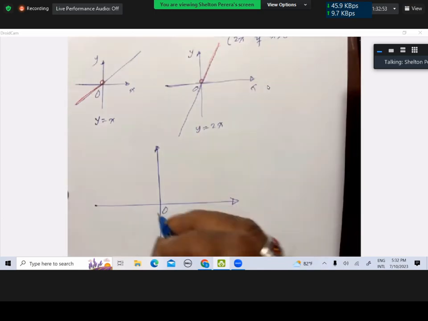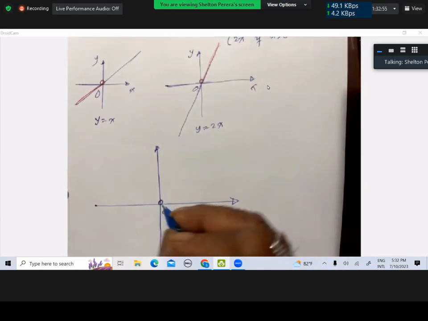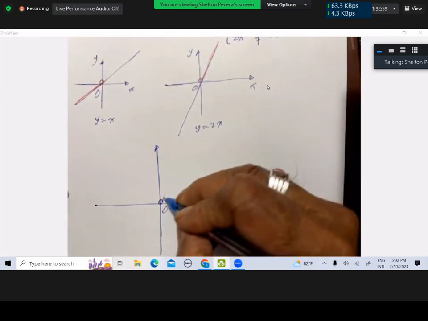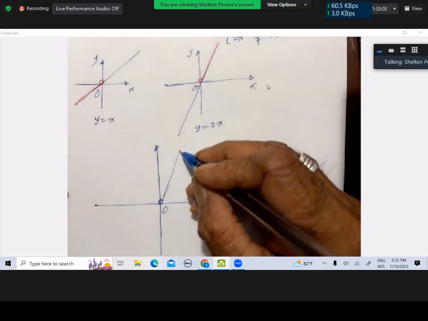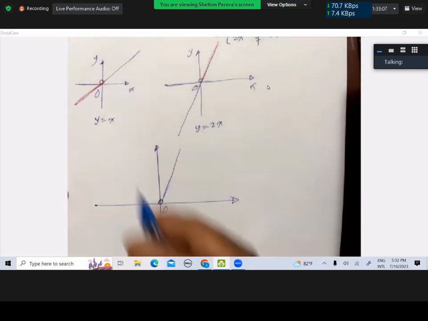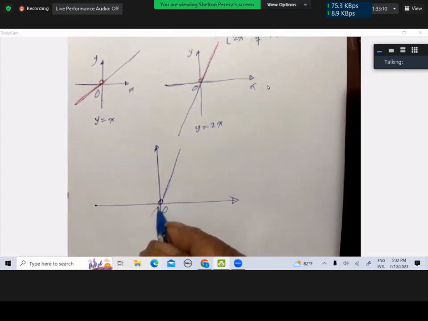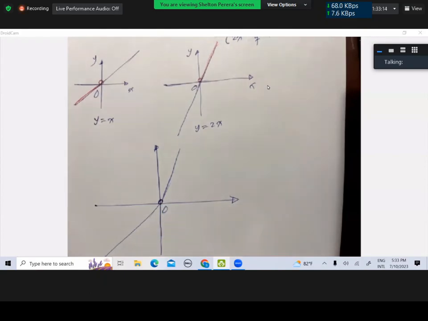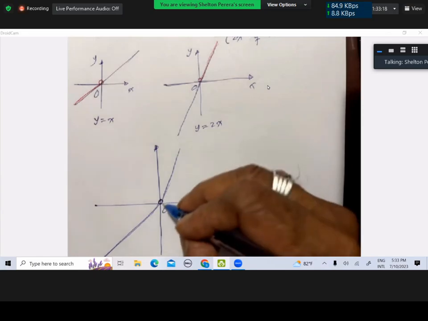0. There is a hole here, and 2x. Just imitate that. And then at 0, a hole. A straight line with slope y equals x.